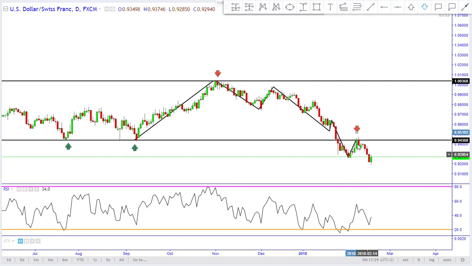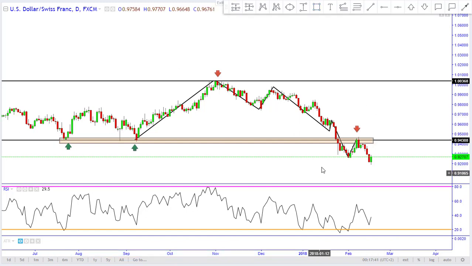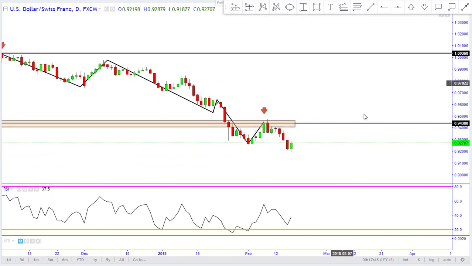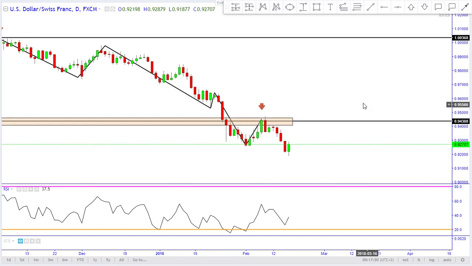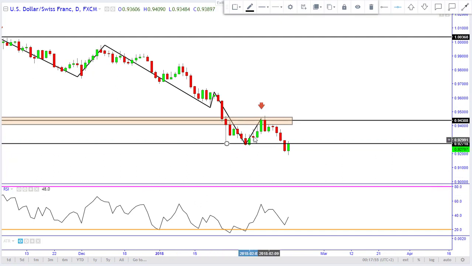Now, as we got our resistance level right here, you would notice our previous support levels switched roles and have now become our future resistance levels. As we pay a closer look, you'd see that this support level right here is higher than this support level over here.